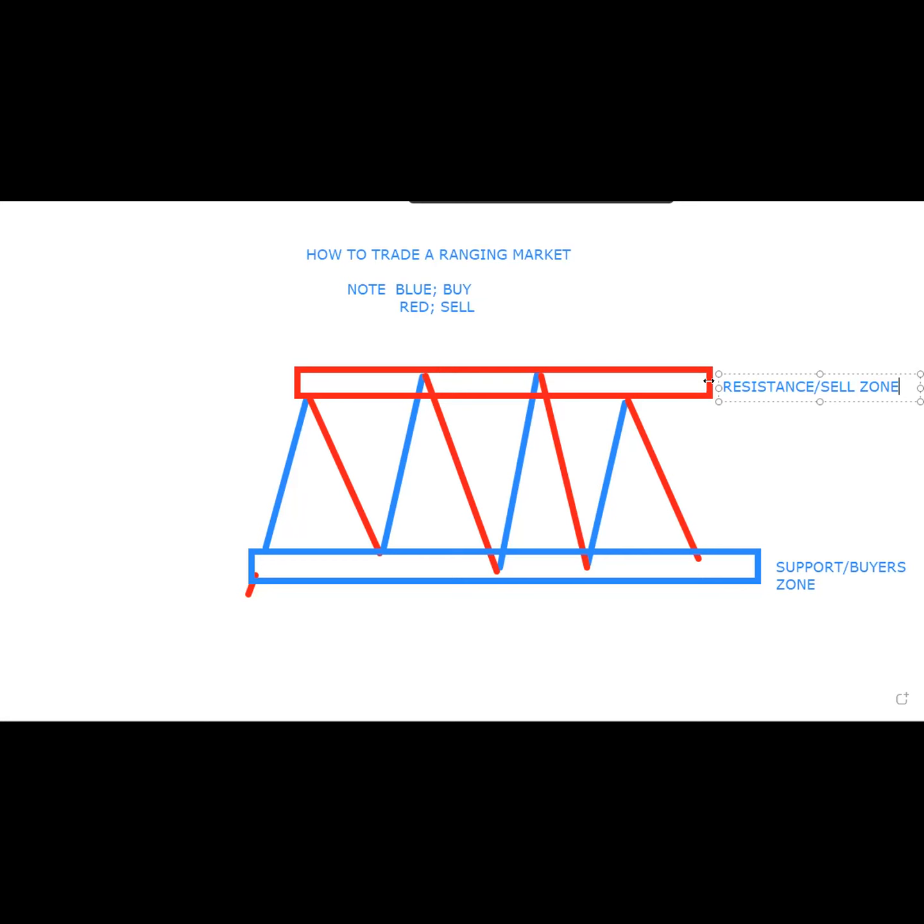That is where you have seen sell candles starting from in the past. I'm going to explain that later. Then close the bracket.